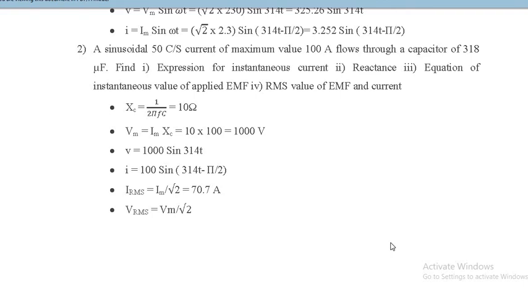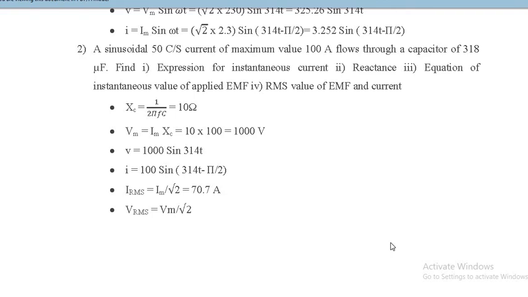The very first thing is to find XC, because the capacitance value is given in microfarad terms. XC is equal to 1 upon 2 pi FC. Substitute C as 318 microfarad, that is 318 into 10 to the power minus 6, into 2 into pi, taken directly from the calculator, into 50, that is frequency, and take the reciprocal of this, you will get 10 ohm.